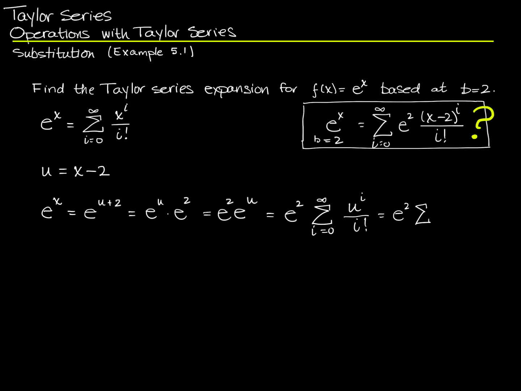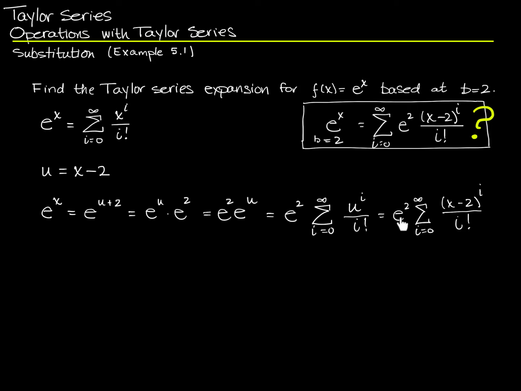So I can write this as the sum as i goes from 0 to infinity of x minus 2 to the power of i all over i factorial. And this is exactly what we have up here.